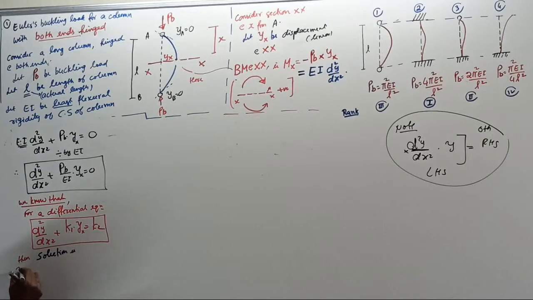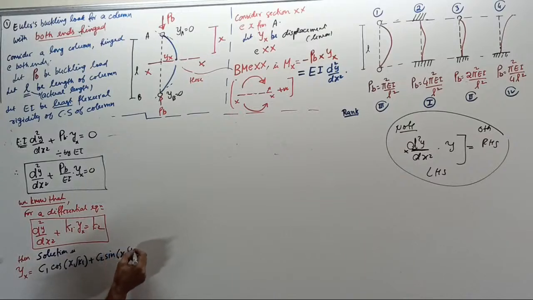y at any point x equal to c1 cos of x root k1 plus c2 sin of x root k1 plus k2 by k1.